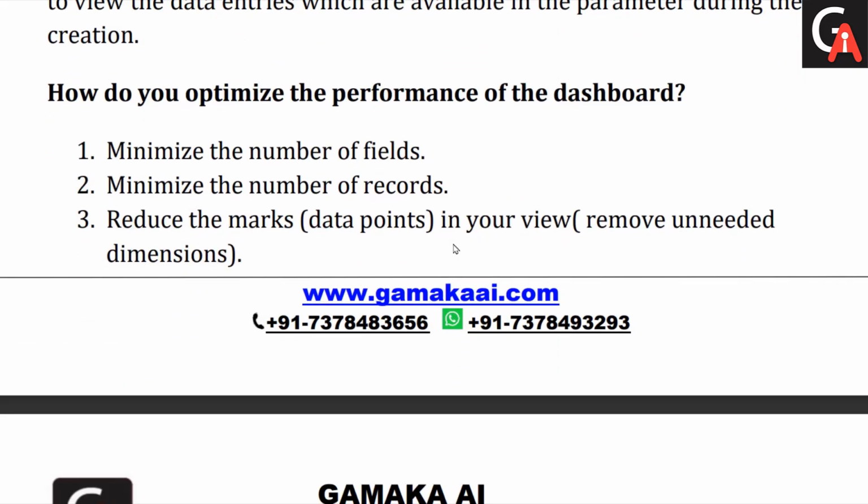Okay, next question we have for the day: how do you optimize the performance of a dashboard? Minimize the number of fields. This is the first way to optimize the performance of the dashboard.